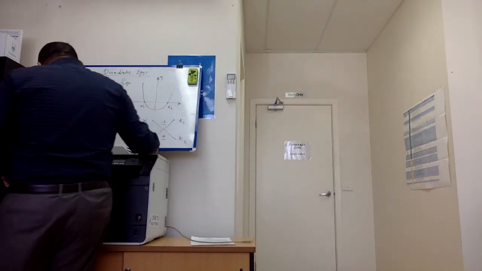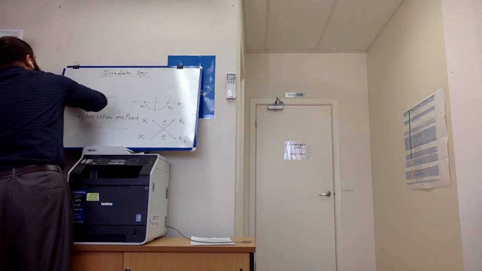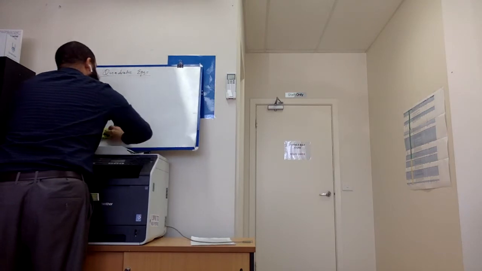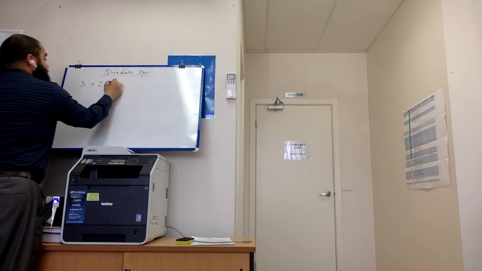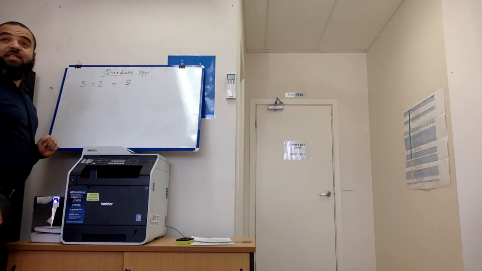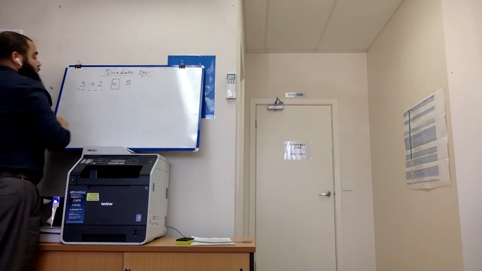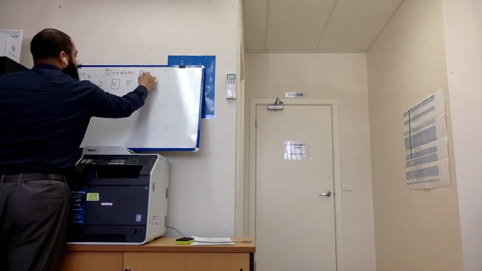First of all, I need you to concentrate with me because we need to revise some things about the function and about the geometrical shapes, and then we'll start our exercises in our groups. Okay? So if I'm saying that 3 plus 2 equals 5, this side of the equal is called the left-hand side, and this is called the right-hand side.